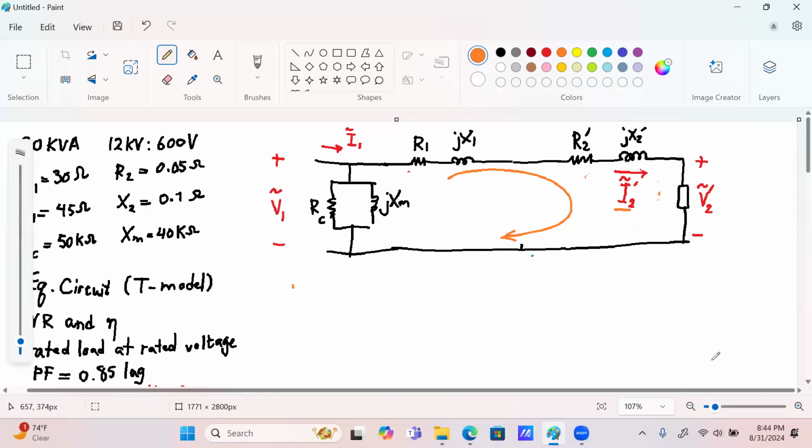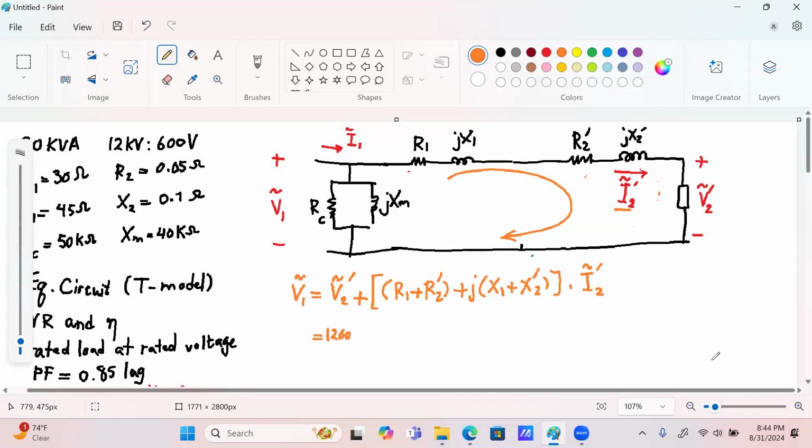And what I have is my V1 tilde is my V2 prime tilde plus my R equivalent, which is R1 plus R2 prime, plus jX equivalent, which is X1 plus X2 prime, times I2 prime. This will be based on the values that we had.